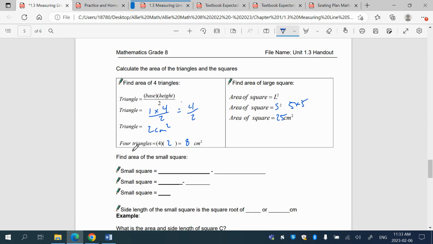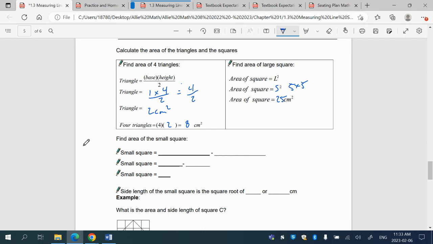Our last step to find the area of the small square, we need to minus this from this. So let's go 25 centimeters squared minus 8 centimeters squared. Actually, I think what I was supposed to write there was large square minus triangles.